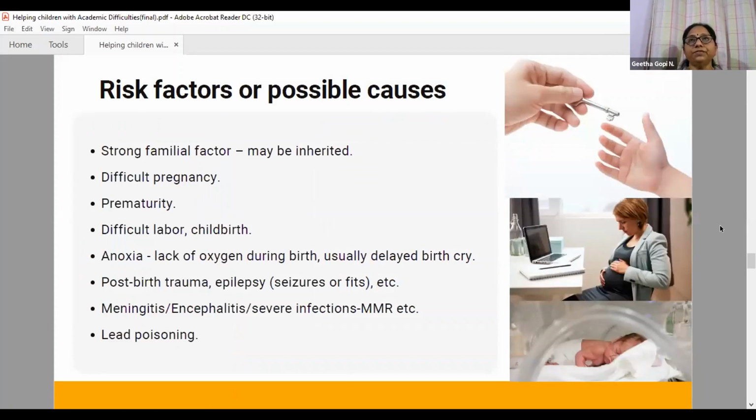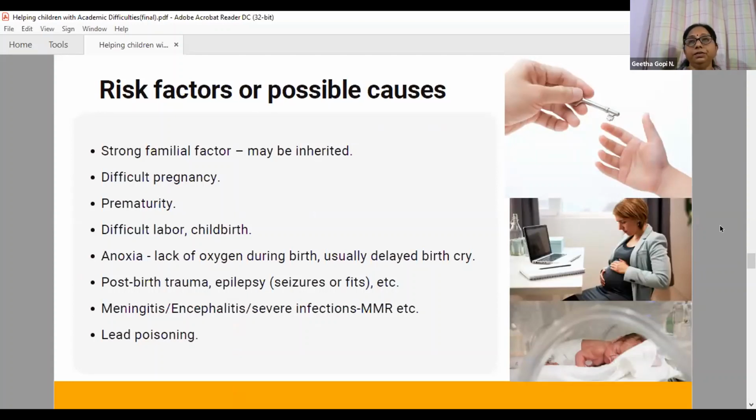Some of the risk factors or possible causes of why these kinds of conditions occur. Broadly, we can say prenatal, which is difficulties that occur during the pregnancy period of the mother when the mother is carrying the child. Sometimes they are genetic; they may be inherited. There are a lot of studies nowadays where certain conditions seem to be inherited.